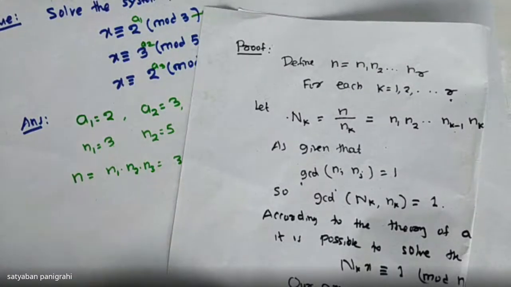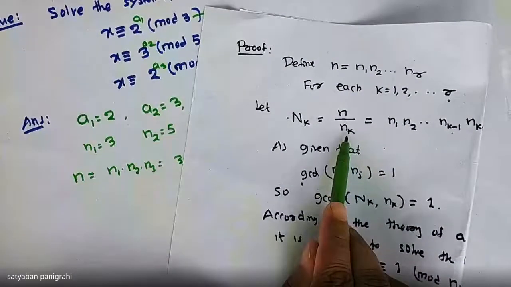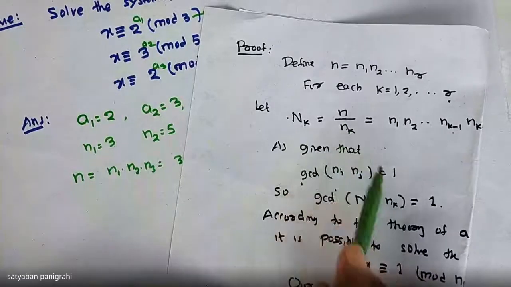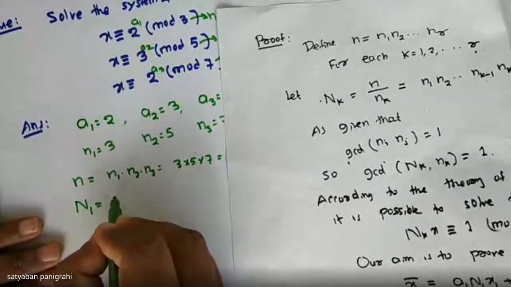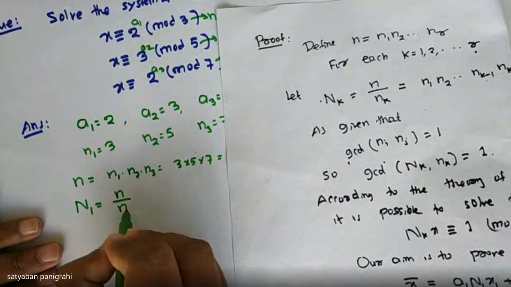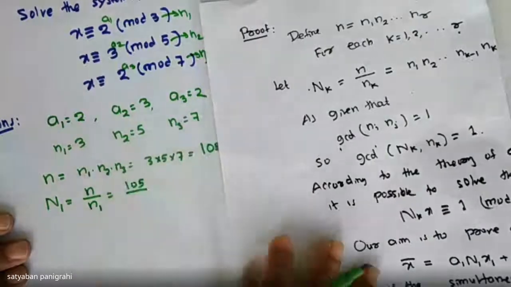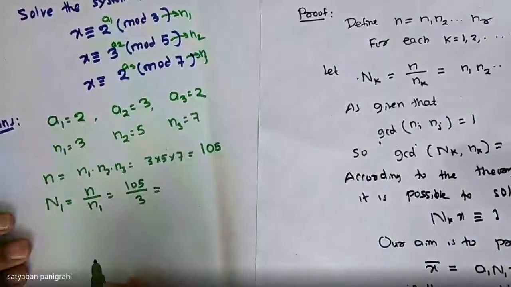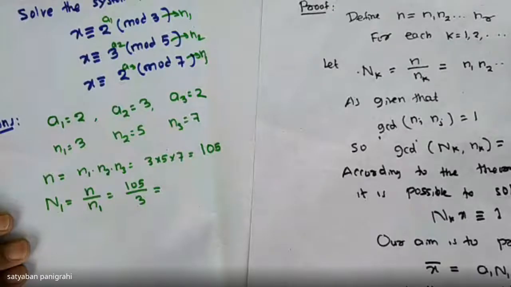Now from here, next we have to write Nk. Capital Nk is small n divided by small nk. So capital N1 is small n divided by small n1, that is 105 divided by 3. The value is 35.